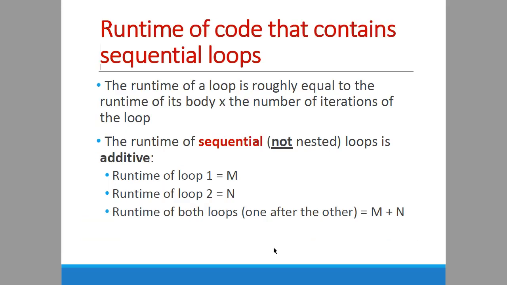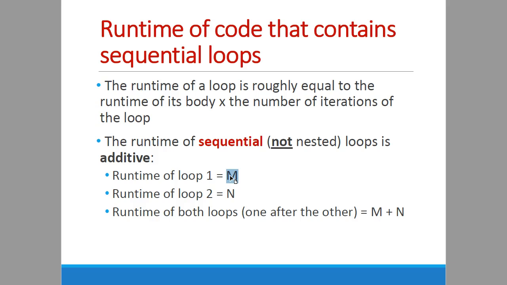So the real core of algorithmic analysis and order analysis is looking at your loops. Loops are the really big thing that take a lot of time. The runtime of a loop depends on how many items you're looping through. Say the runtime of loop 1 is m, like for int i equals 1, i is less than m, i plus plus.